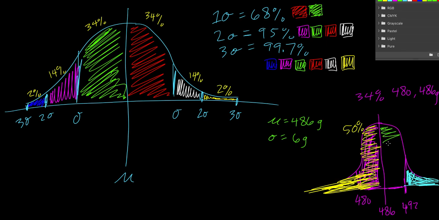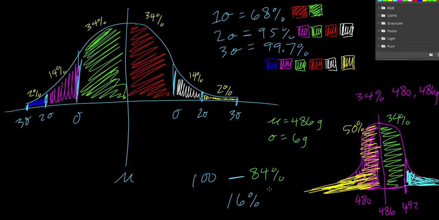Then if we take just this piece, that's going to represent 34%. And so if we add those together, that's 84%. Now, we want the blue area, so we're going to take 100 minus 84, and so that's going to give us 16%. So 16% of the cans are more than 492 grams.